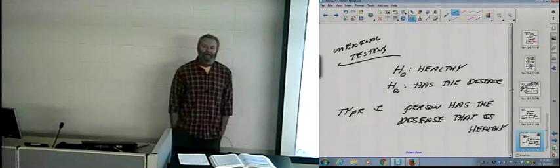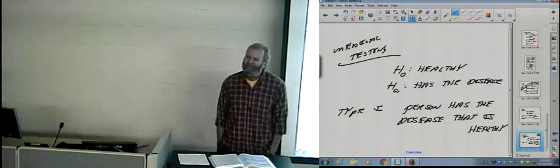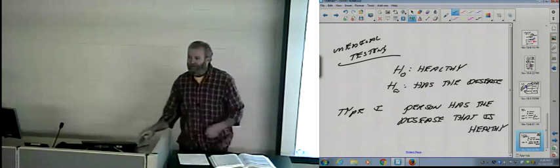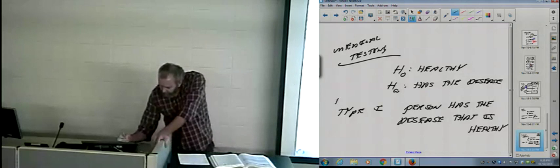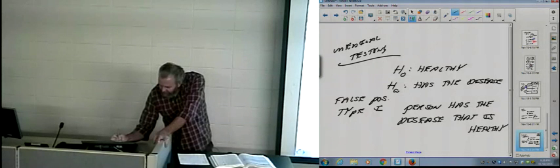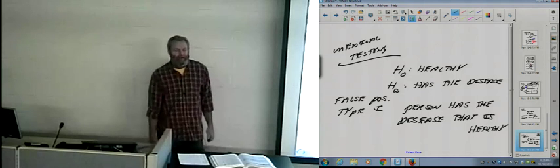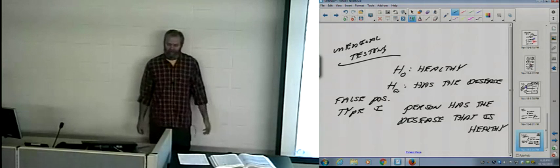Now look, medical tests don't use type 1, type 2 errors. What's this called? This is a false positive, right? The test comes back positive, but the person is healthy.